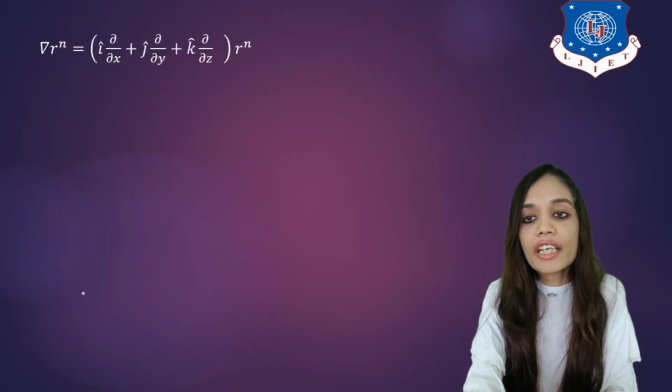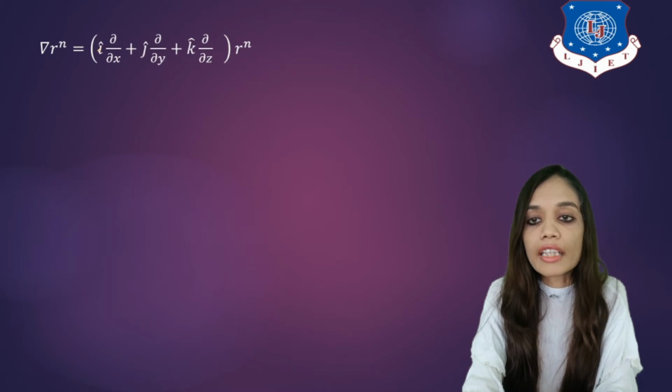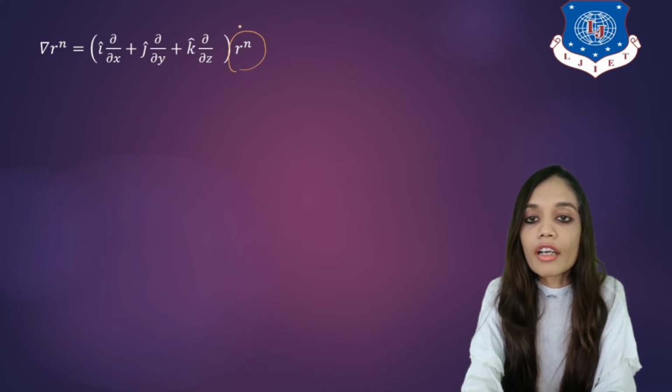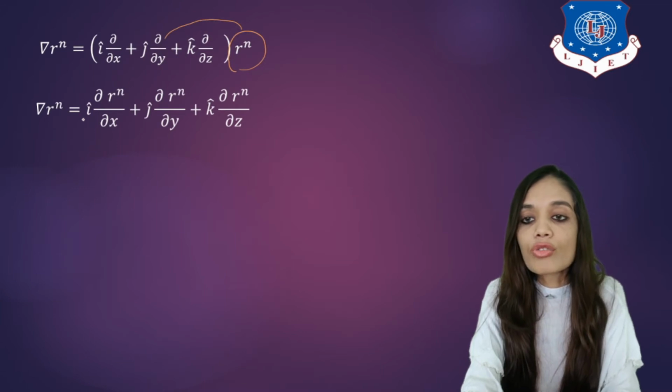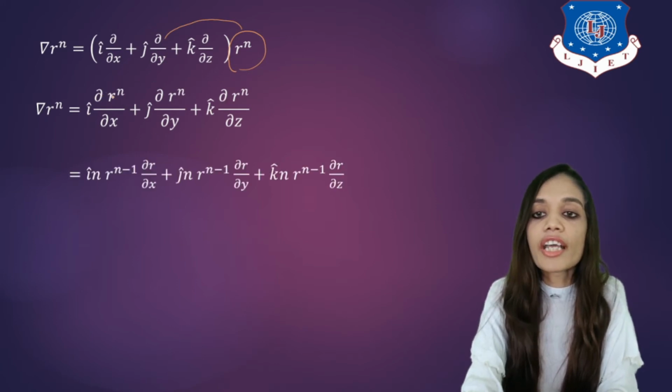Now let us find the gradient. So del r raised to n will be equal to i cap del by del x plus j cap del by del y plus k cap del by del z into r raised to n. Now multiply this inside. So it will become i cap del by del x of r raised to n plus j cap del by del y of r raised to n plus k cap del by del z of r raised to n. Now find the partial derivatives.